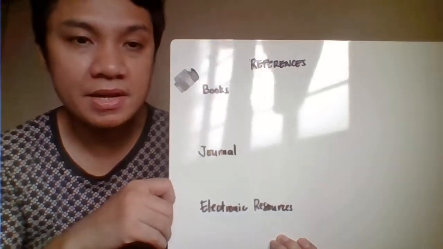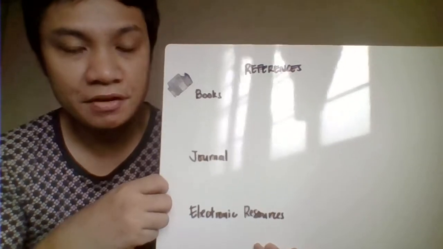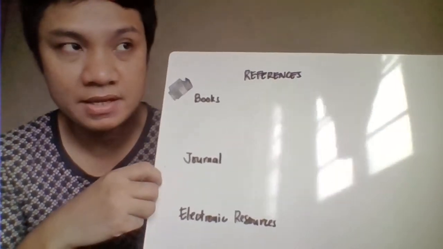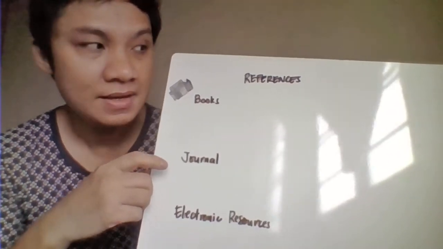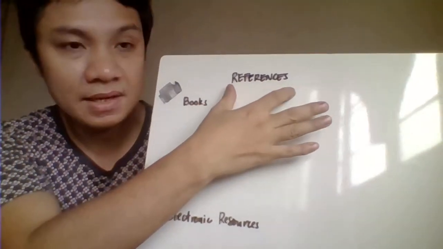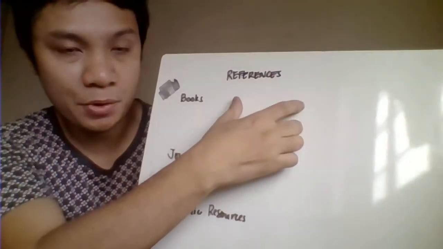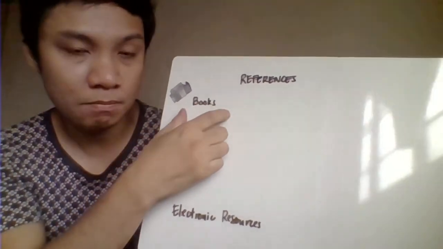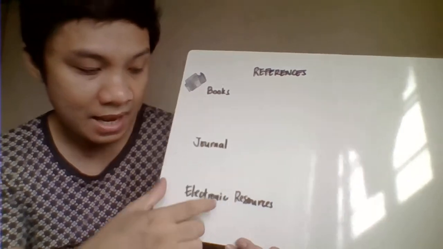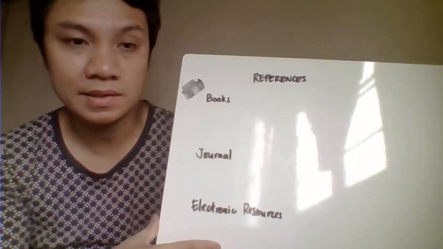Okay, the next one we have here is the writing or presentation of your references. So after you have already finished your chapter 5, the next page would be the references. You write the word References in all caps, at the middle portion. Then try to divide your references into books, journals, and electronic resources.